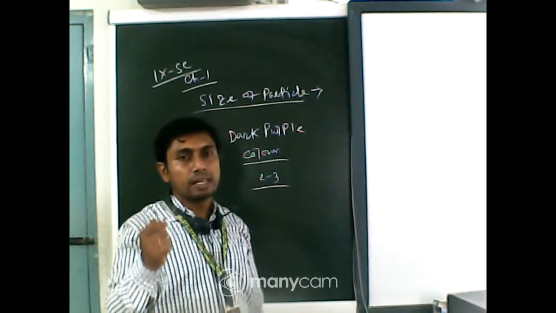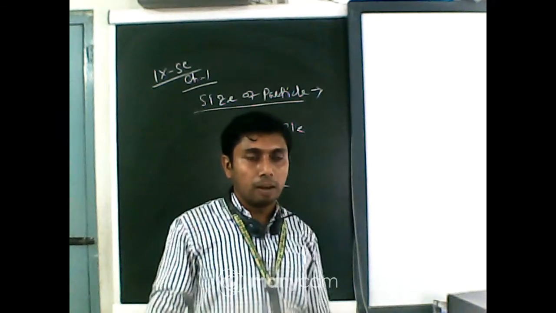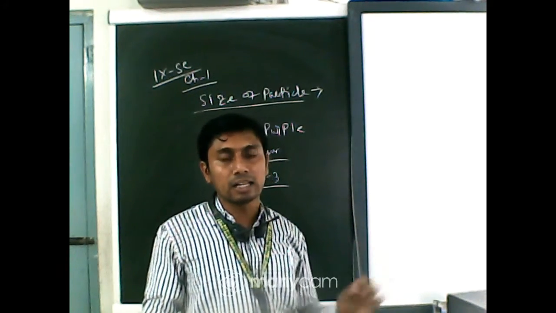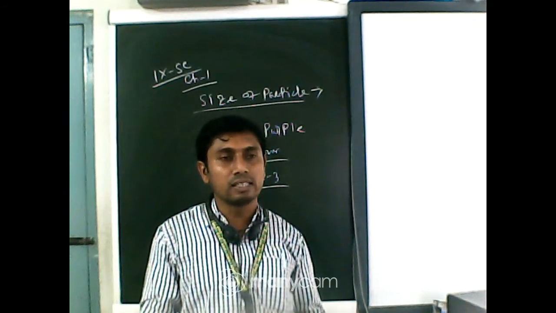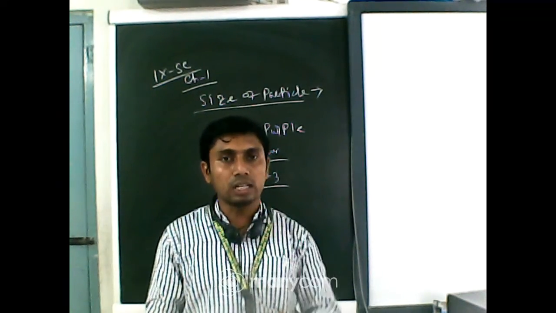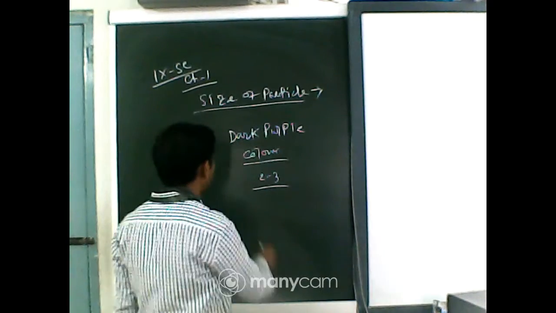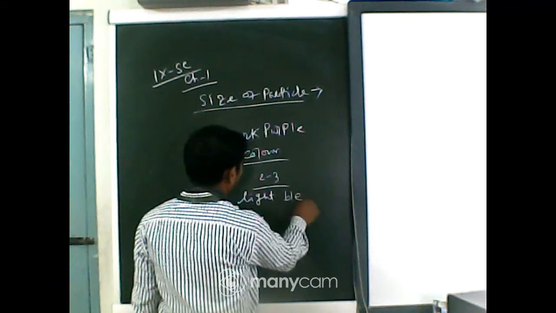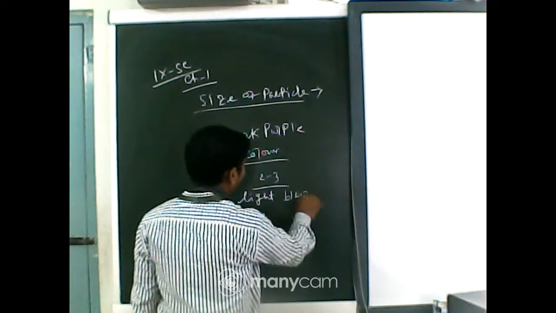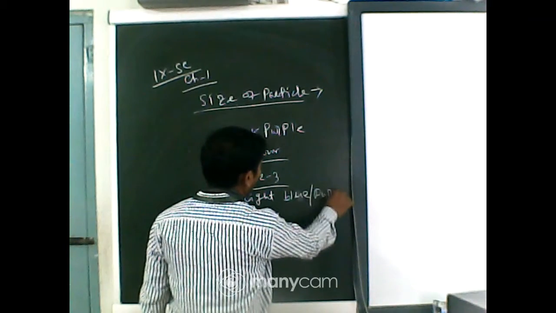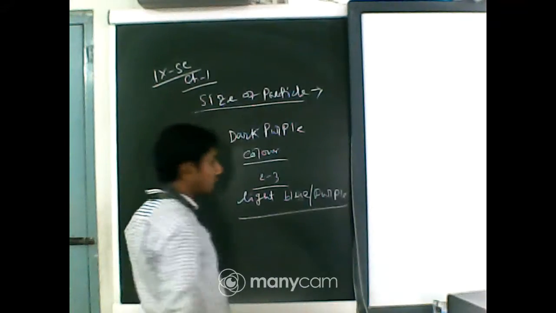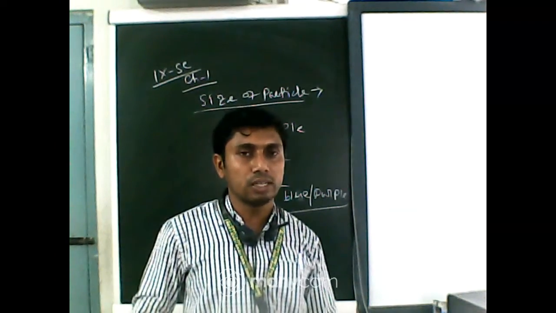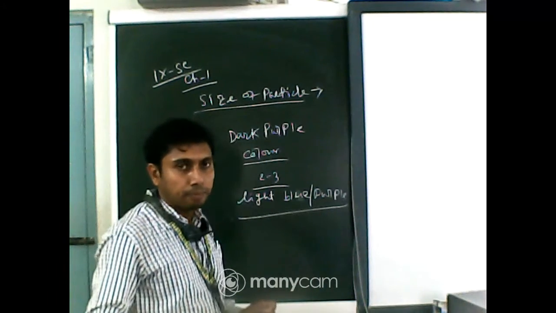If you dissolve 2 or 3 particles in a glass of water, you can see that the whole solution turns a light blue or purple color. Just 2 to 3 small particles.